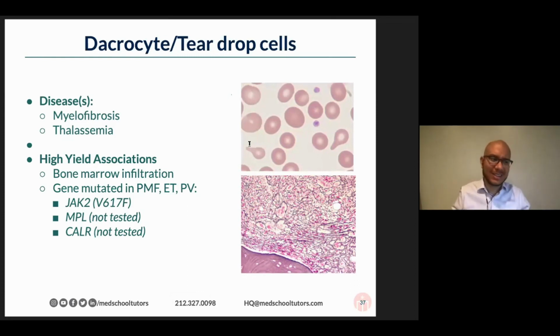The way I think of it is these red blood cells are squeezing through, they're trying to escape the bone marrow. And it's so fibrosed that they're not able to get out as easily as they might otherwise be able to. And that would be the dacrocyte showing up in your peripheral smear after they've navigated the escape route from the bone marrow.